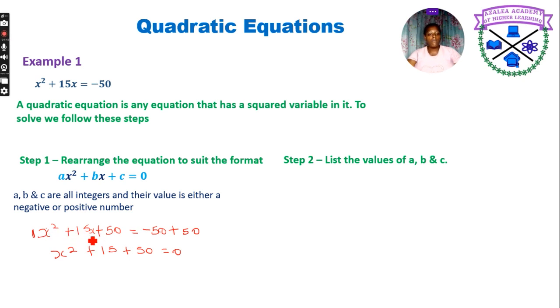This 15x means that 15 is multiplied by x. And of course, 50, well, we have no algebraic variable. So at this step, we're going to have 1. So a is equal to 1. B is equal to 15, and then C would be 50.